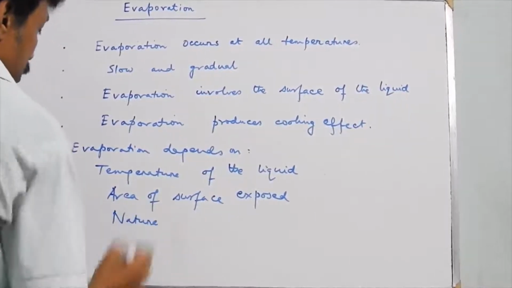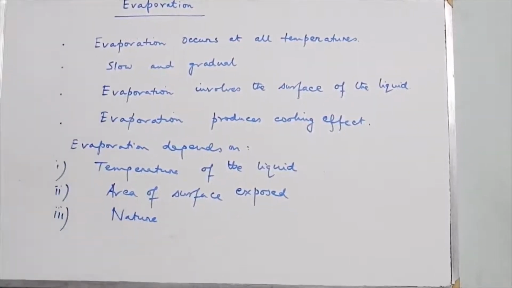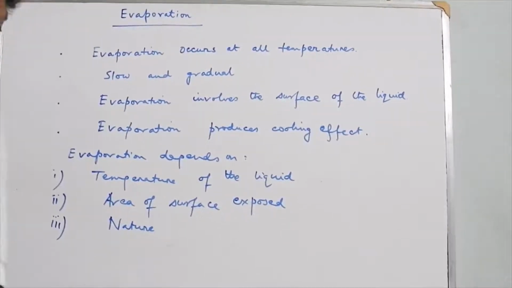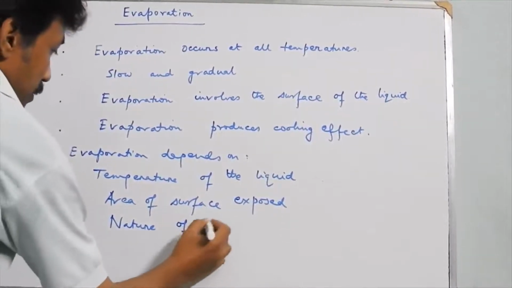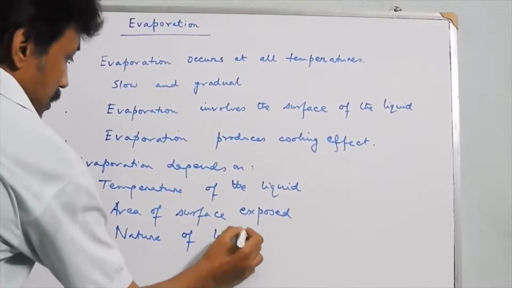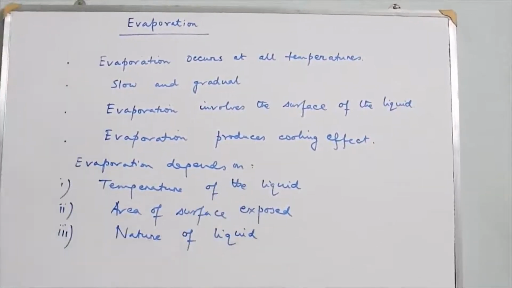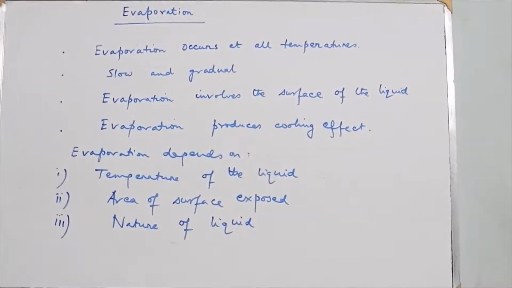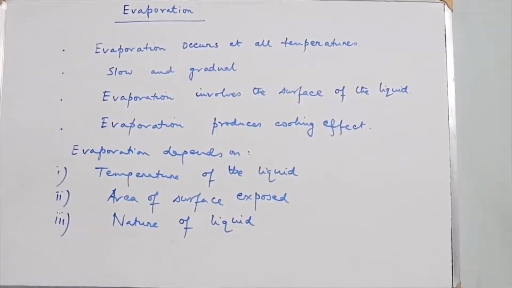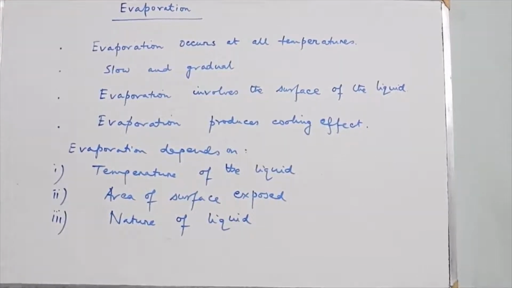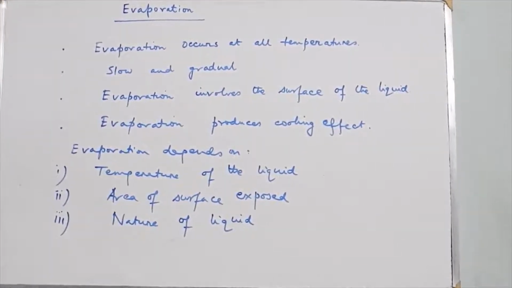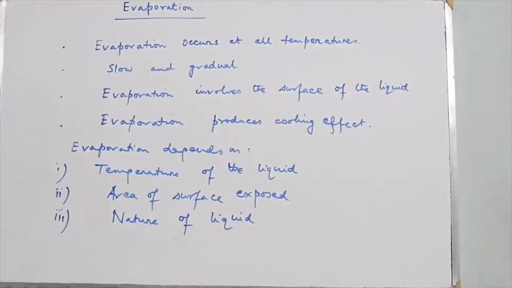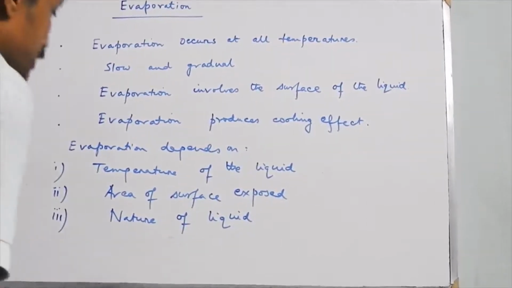Volatile liquids which have a low boiling point will evaporate faster as compared to liquids which have a high boiling point. That evaporation obviously produces cooling. Volatile liquids, for example petrol, kerosene, alcohol, ether, will evaporate at a faster rate because they have low boiling points and they are volatile in nature.